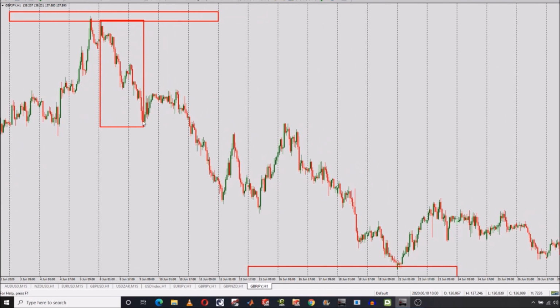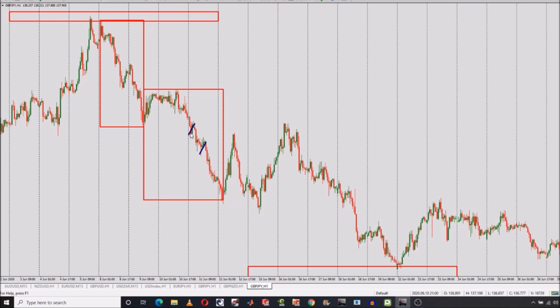From this point, we can see that there was a pullback and consolidation, and from that pullback and consolidation we also had 3 pushes where we had 1, a pullback, 2, and the last one 3, meaning that our second level was complete from this point to that point.